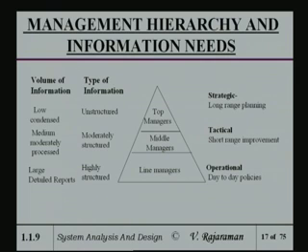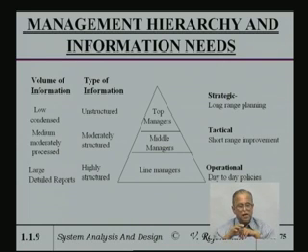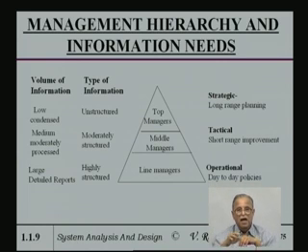Now you can look at the entire thing as a pyramid, in the sense that at the lowest level there is the operational level. The operational level work is done by what are known as line managers in any large company, and these line managers do the day to day running of the business.